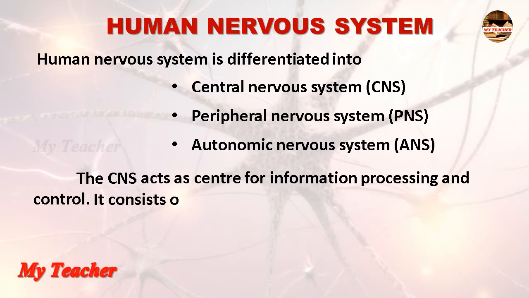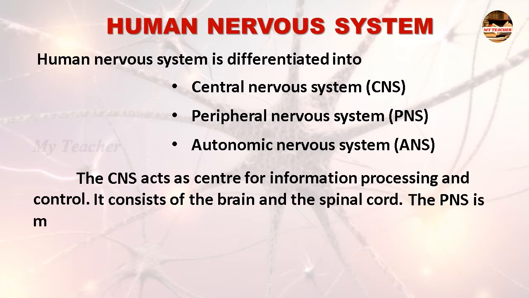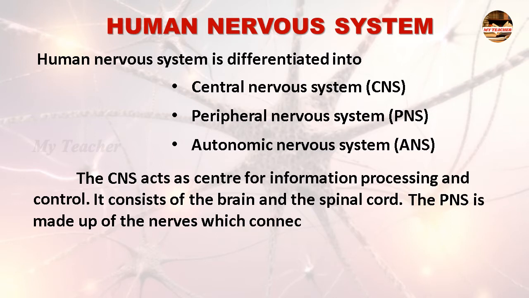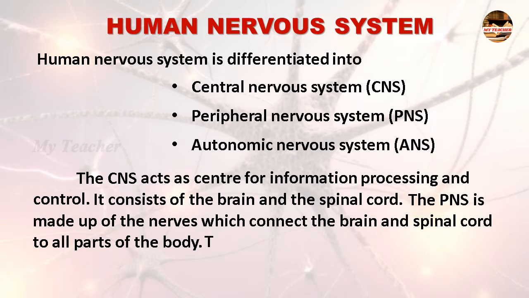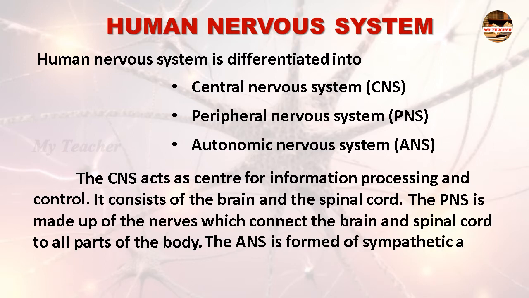It consists of the brain and the spinal cord. The peripheral nervous system is made up of the nerves which connect the brain and spinal cord to all parts of the body. The autonomic nervous system is formed of sympathetic and parasympathetic nerves.